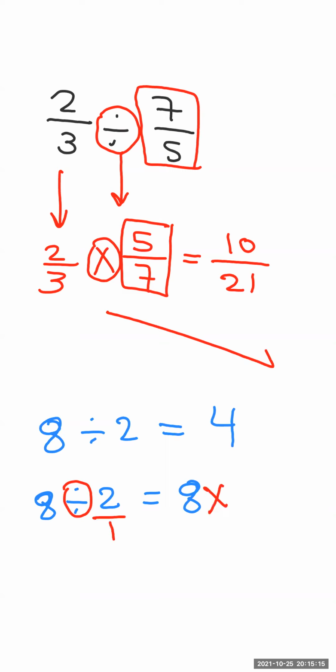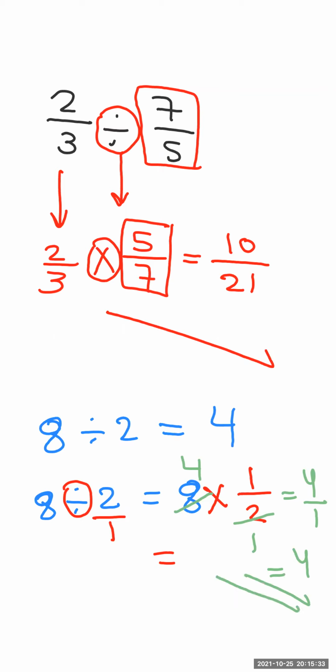It was 2 over 1, now 1 over 2. So if you simplify 2 and 8 by dividing the two numbers by 2, this one is 1 and this one is 4. 4 times 1 equals 4 and 1 times 1 equals 1. So 4 over 1, it will equal 4. Correct?